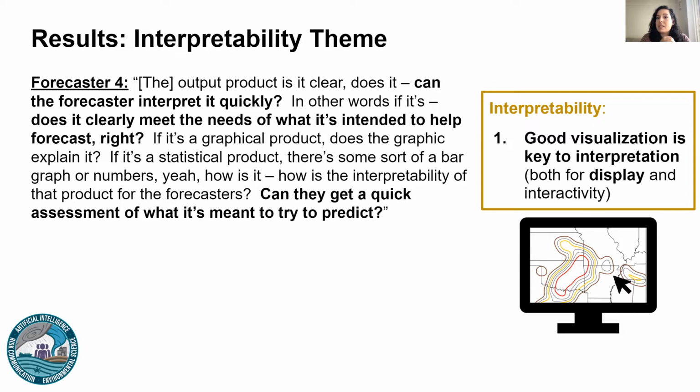Does it clearly meet the needs of what it's intended to help the forecaster, right? Can they get a quick assessment of what it means and what it's trying to predict? So not only do you want to be able to understand it and ingest it, but there's a time component. Can we understand it on a quick time scale? Because as we know, weather happens quickly, decisions need to be made quickly.